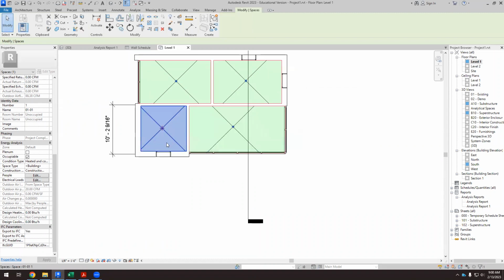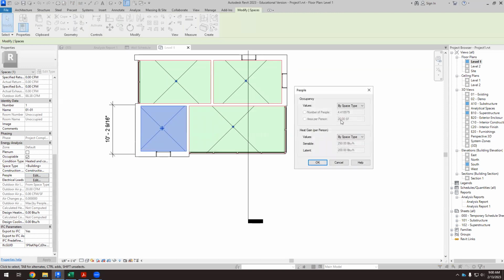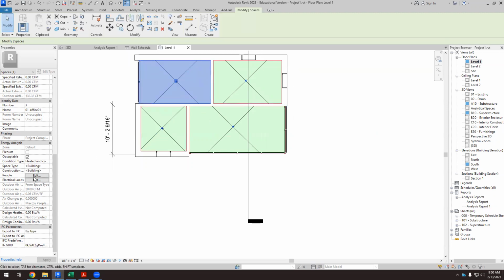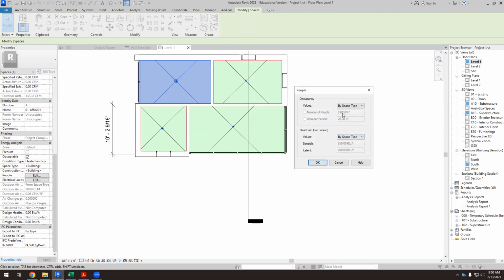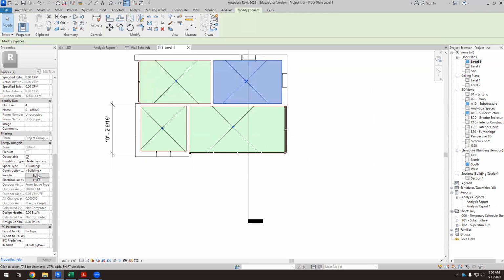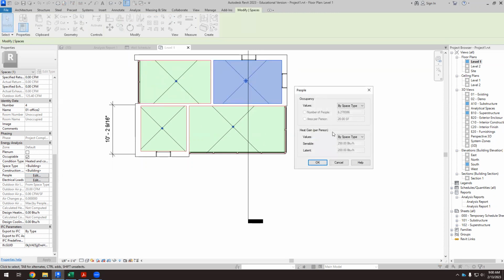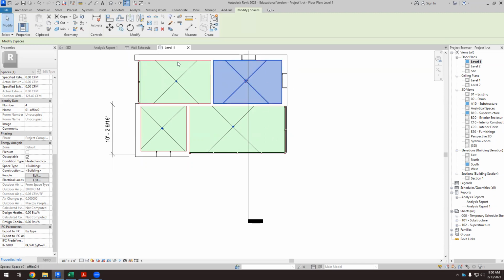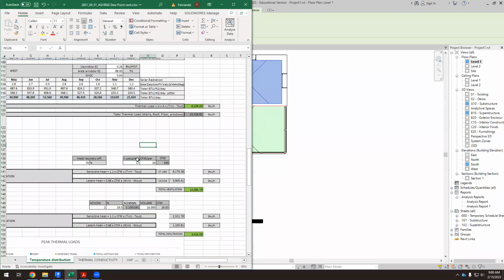In this one, we have 4, so 14. In this one, we have 6, 20. And in this one, we have 6, okay, 26. So in this building, we have 26 people. So that's what we have to type here. Number of people, 26. Okay, so we have 26 people, 20 CFM per person.